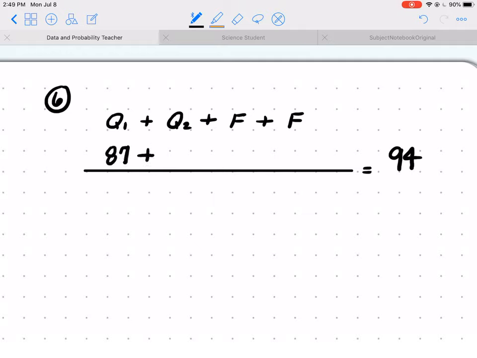Quiz 2 was a 91. And then we have the double final. So how many things are we looking at here? 1, 2, 3, 4. So we're going to divide by 4 scores.